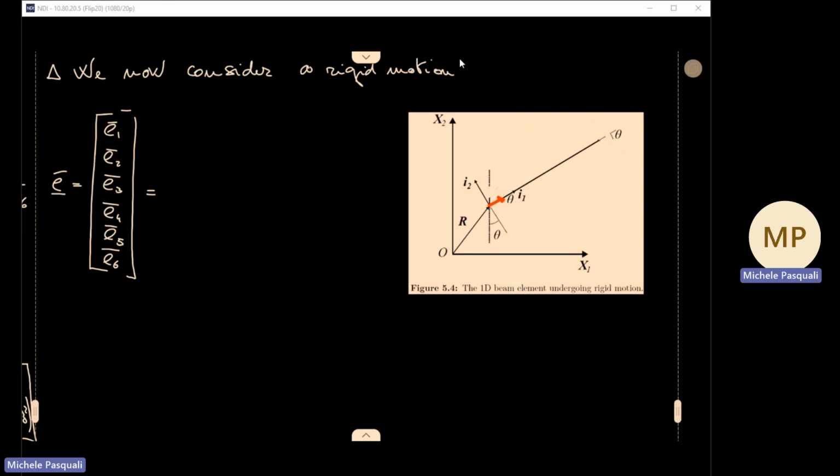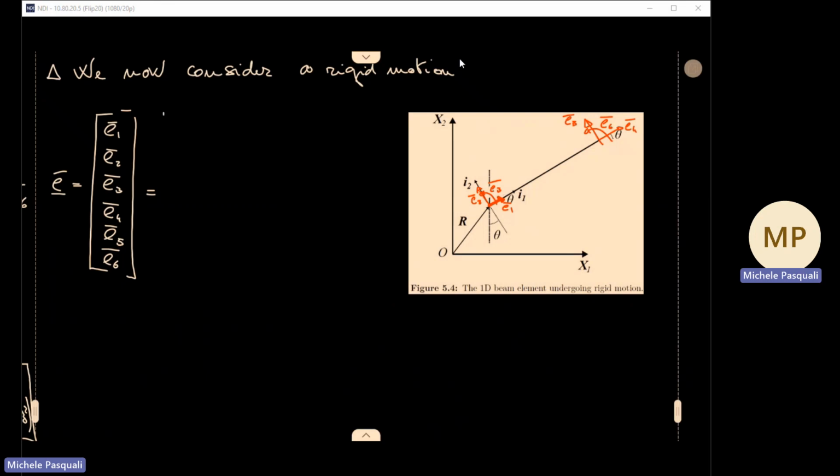This is E1 over bar. We have E2 over bar, and then again E3 over bar. And here we get the same, so we get E4, E5, and E6. Okay, that's it.